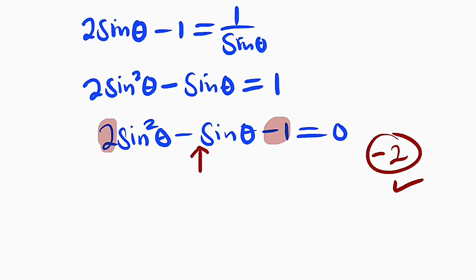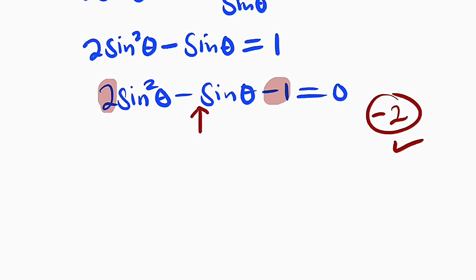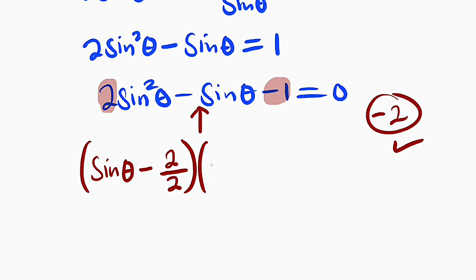So now let us factorize it. We have sine theta minus 2. But remember, our leading coefficient is not 1, so we're going to divide by that leading coefficient. Then we multiply by sine theta plus 1, and we equally divide by the leading coefficient.